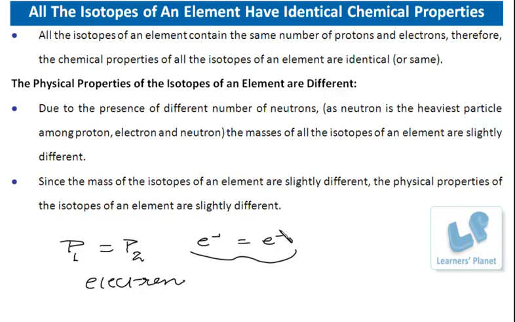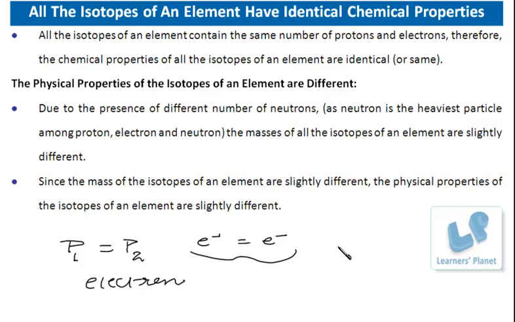So the masses of all the isotopes of an element are slightly different. Now, as they have different masses, their other physical properties like their boiling points, melting points and density are all different. They show similar reactions, but the rate of reaction differs. They'll definitely show similar reactions because they have the same number of electrons.